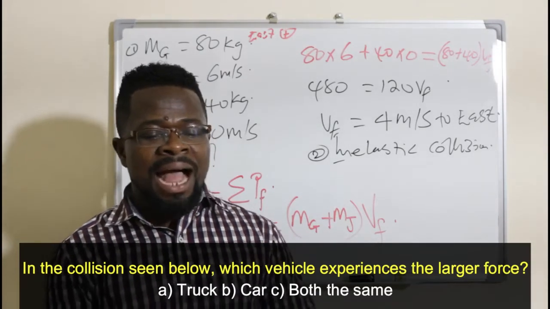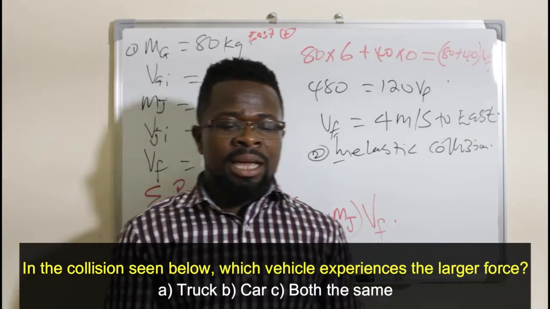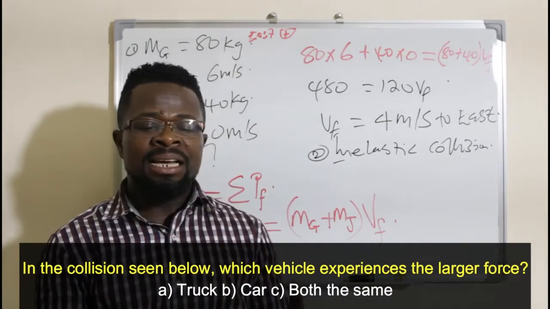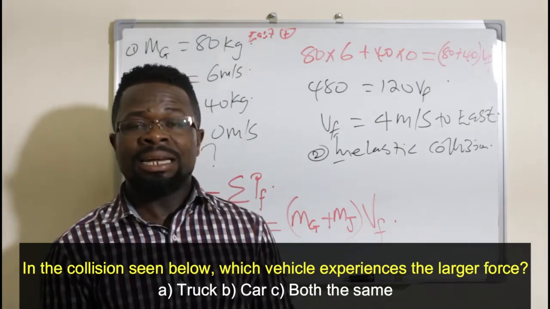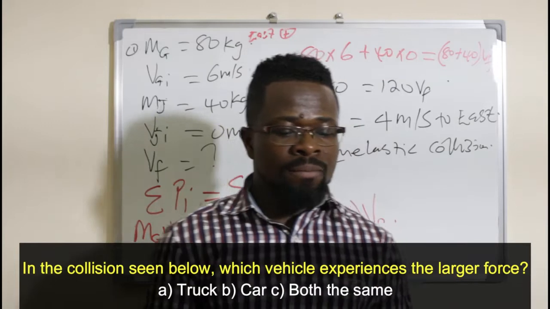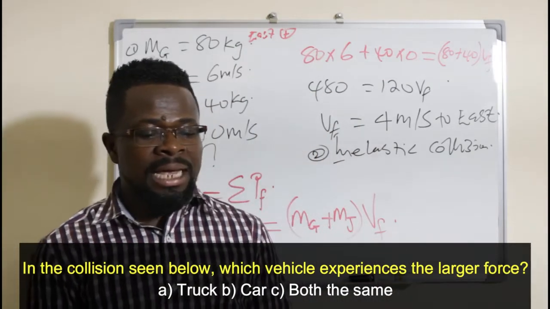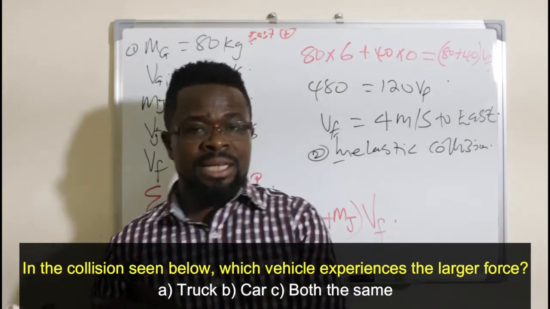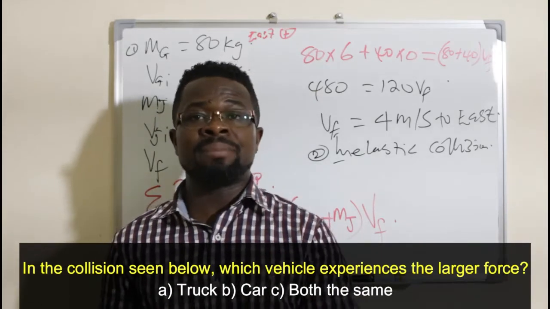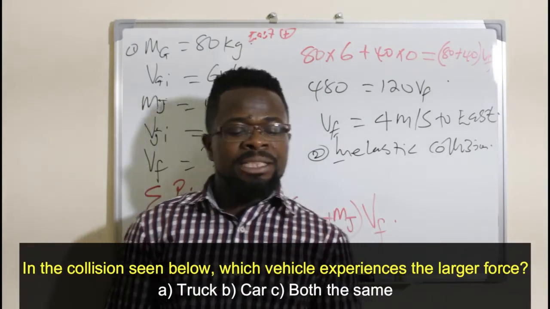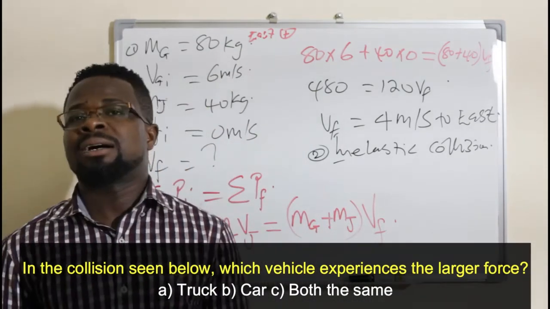In the collision seen below, which vehicle experiences the larger force? A says truck, B says the car, and C says both are experiencing the same forces. The question says, using the principles of physics, explain your answer.